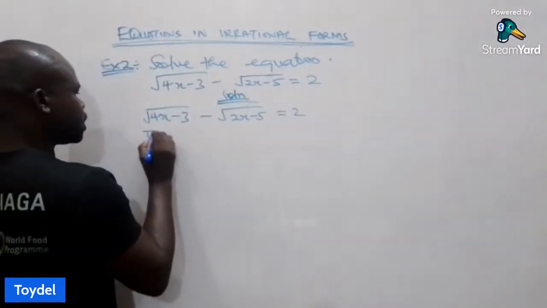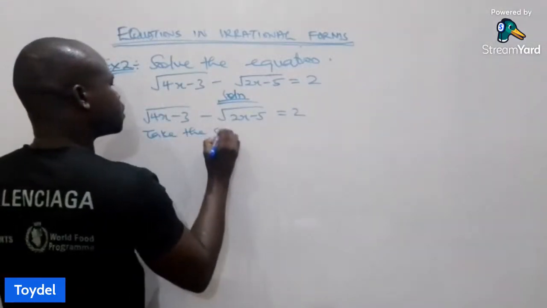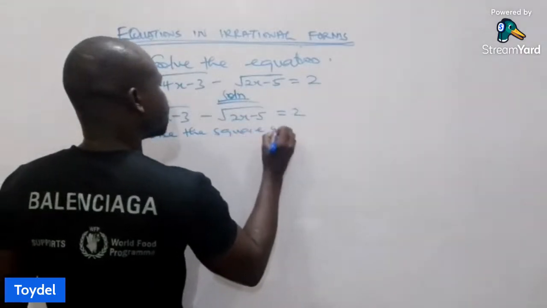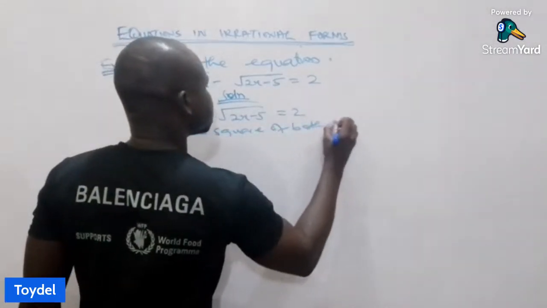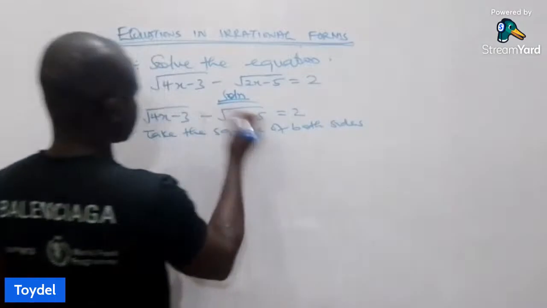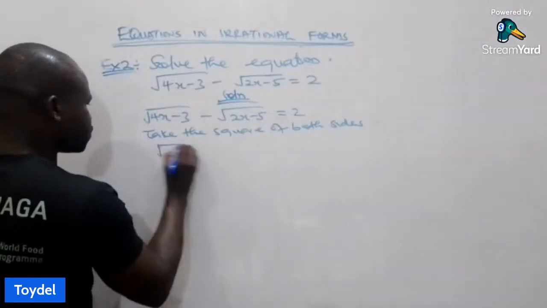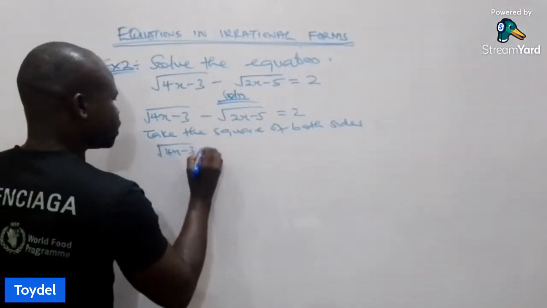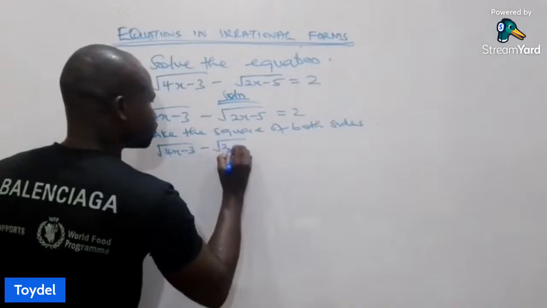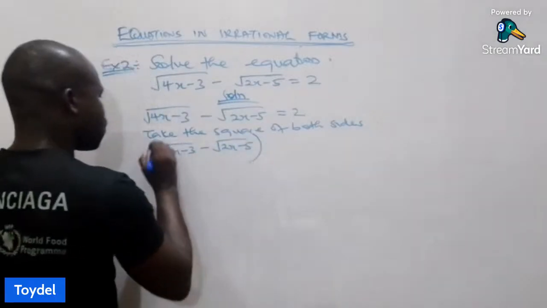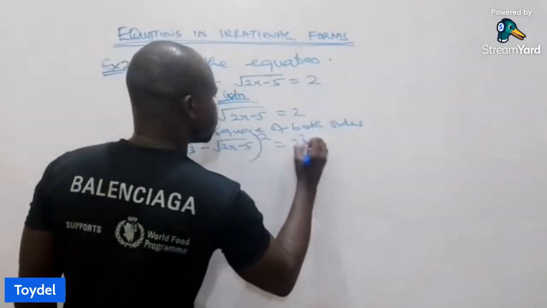So we take the square of both sides. That is, we have square root of 4x minus 3 minus square root of 2x minus 5 all squared is equal to 2 squared.